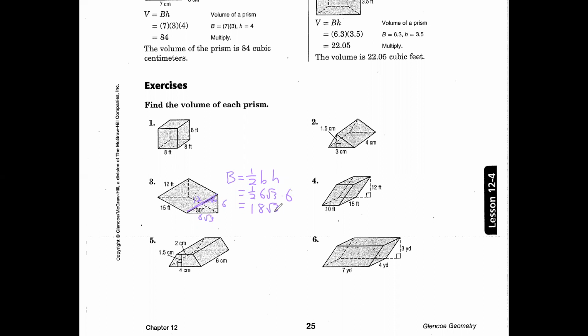That's our base area. We need to find our volume, so all we need to do now is multiply that by 15, because again, 15 is our height. We have our base area. We have our height.